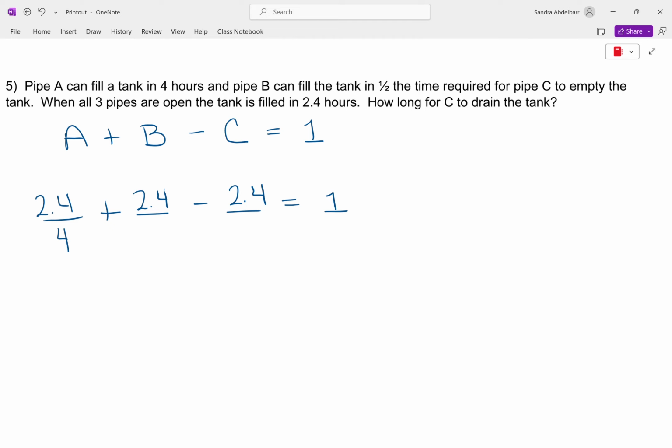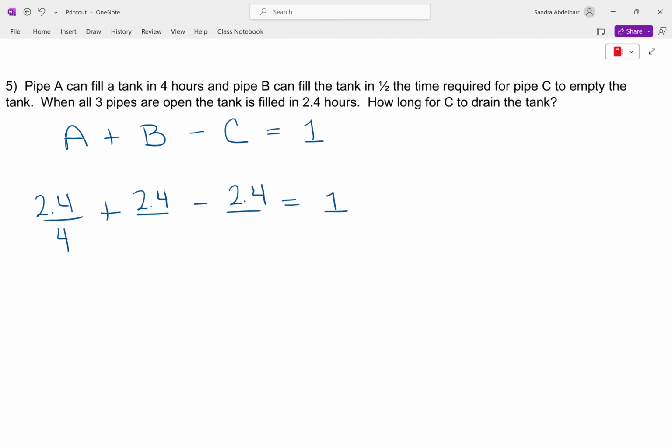Pipe A can fill a tank in 4 hours, so pipe A's individual time is 4. And pipe B can fill the tank in half the time required for pipe C to empty the drain. I don't want to deal with fractional denominators.